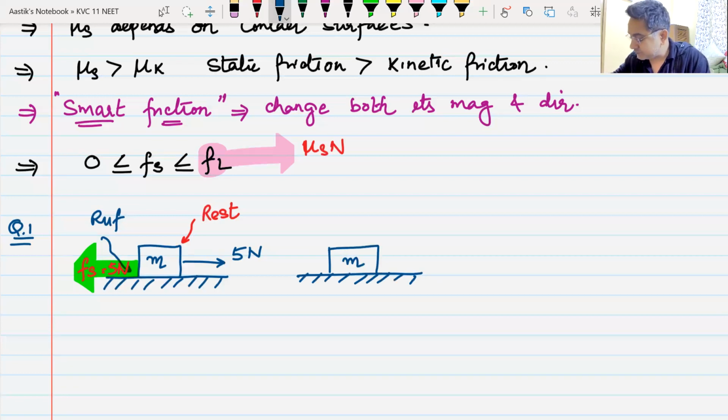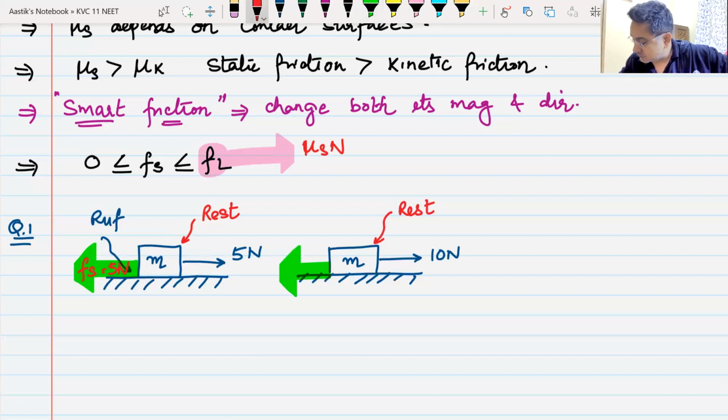Same scenario. I increase my force to 10 newtons. But the body still remains at rest. Body does not move. Who is stopping it? Static friction. What is the direction of static friction? Left. What is the magnitude of static friction? 10 newtons.